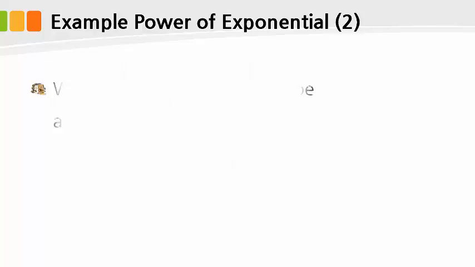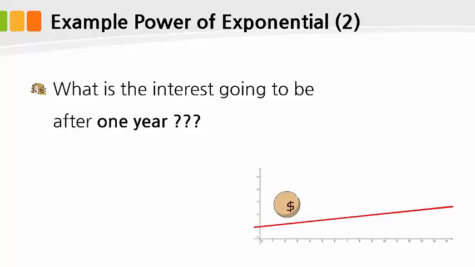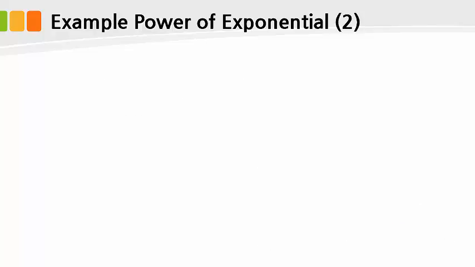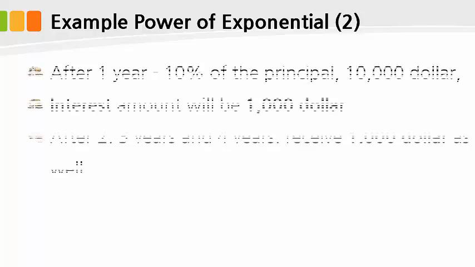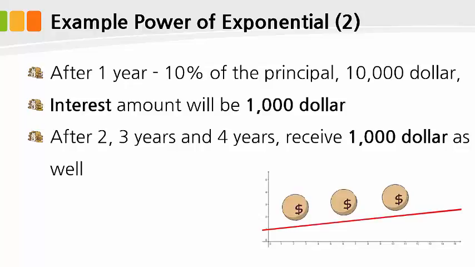What is the interest going to be after 1 year? I am supposed to get 10% of the principal, $10,000. The interest amount will be $1,000 after 1 year. Let's think about the interest after another year.